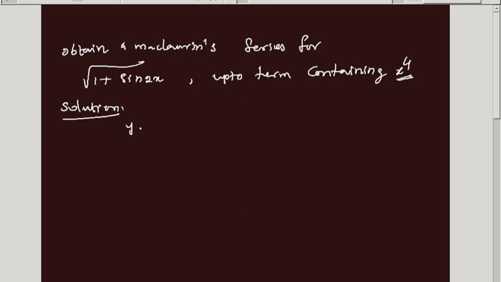So let us consider this as y equal to square root of 1 plus sin 2x. Instead of differentiating this directly, we do a small modification so that we can write it easily. Here we can write 1 as sin square x plus cos square x, and sin 2x we can write as 2 times sin x into cos x.